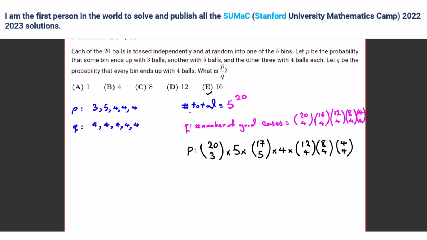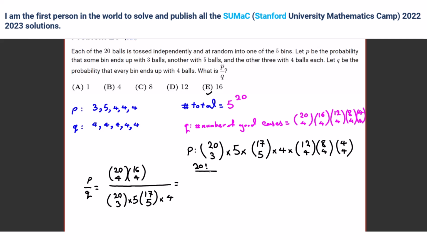Do you agree the total number of cases is not important since we divide P by Q? Agreed. And then we should also be able to cancel the 12 choose 4, 8 choose 4, 4 choose 4. So we can use this one: 20 choose 4 times 16 choose 4, divided by 20 choose 3 times 5 times 17 choose 5 times 4, right?